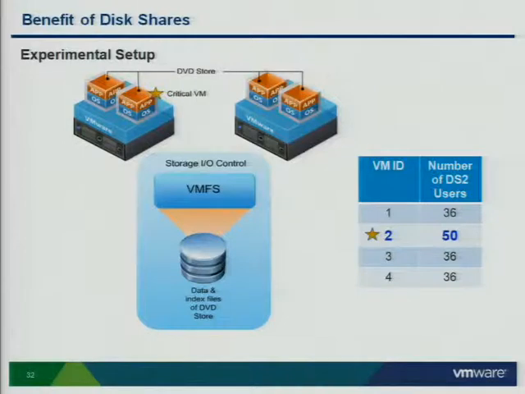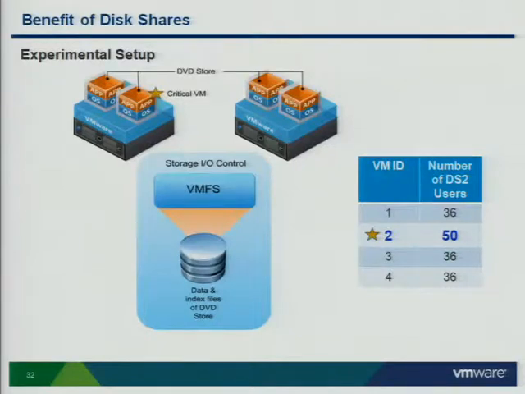The test bed used for the experiment was something like this: 2 physical hosts, 4 VMs running on these physical hosts, and DVD Store was installed in all of the VMs. DVD Store was running on a SQL Server database. The data and the index files that belong to DVD Store of all the VMs were placed in virtual disks, which were in turn placed on a single VMFS data store.